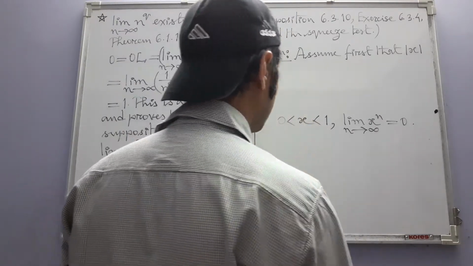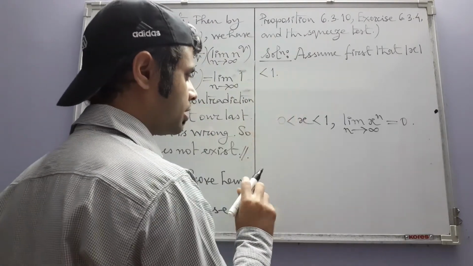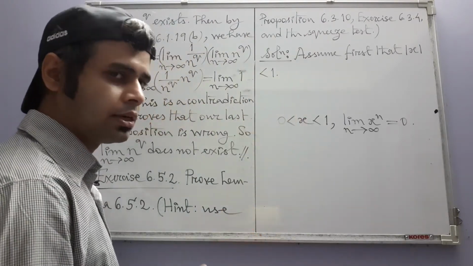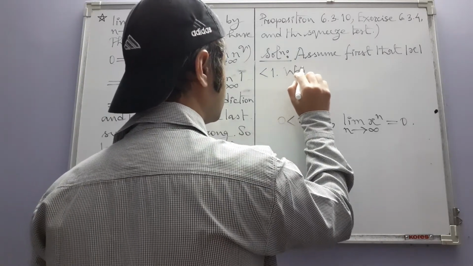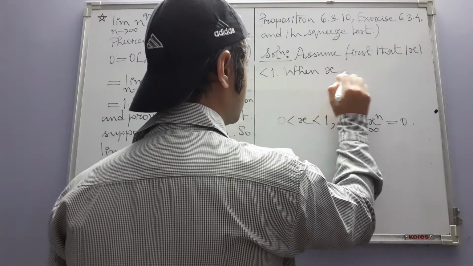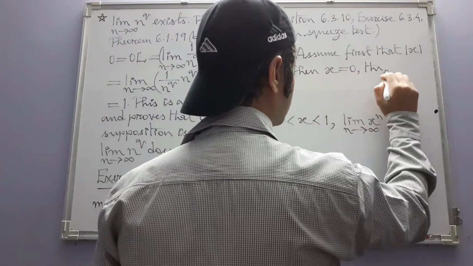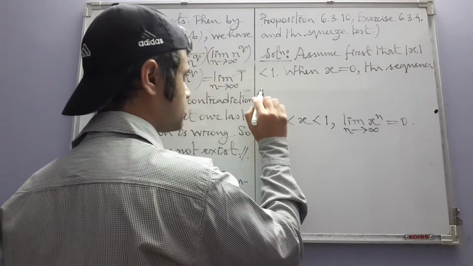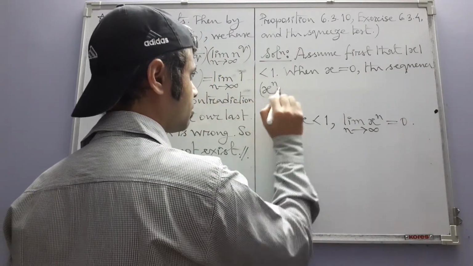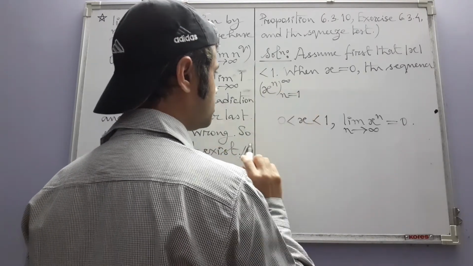Okay. So there will be two cases for us now. One is where X is 0 and one where X is non-zero. When X is equal to 0, the sequence is here.